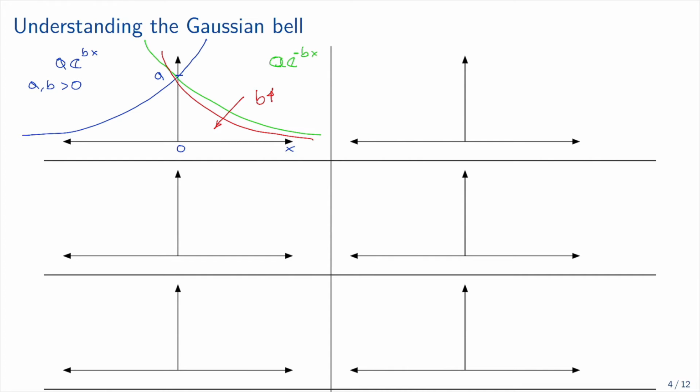Now let's plot a different function. So we are going to plot the function a multiplied by e to the minus b absolute value of x. So if we plot the absolute value, that means that even if x is negative, the whole exponent is going to be negative. So for x positive, we are going to have the same effect of the curve in green.